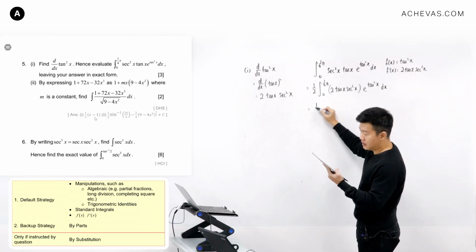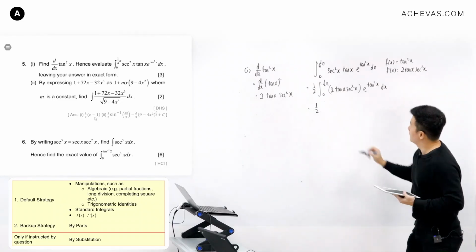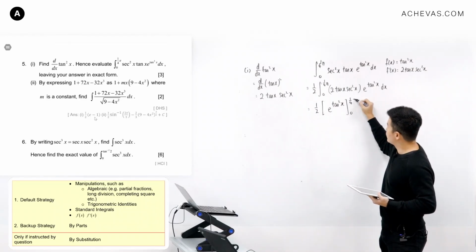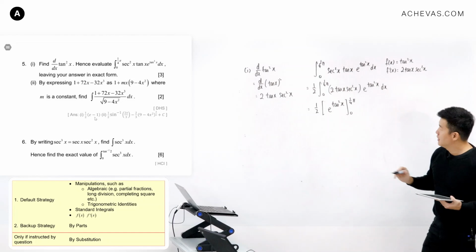So we will have a half of e to the power of tangent square x from 0 to 1/4 pi.